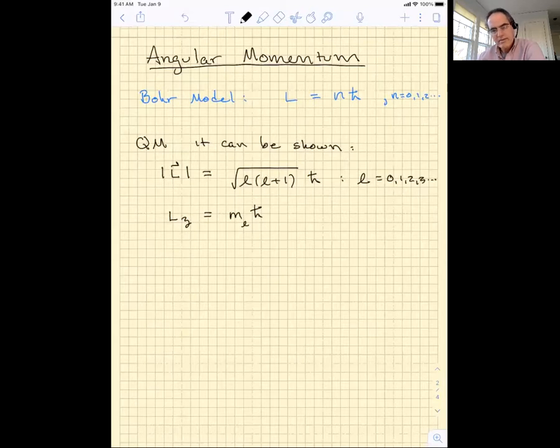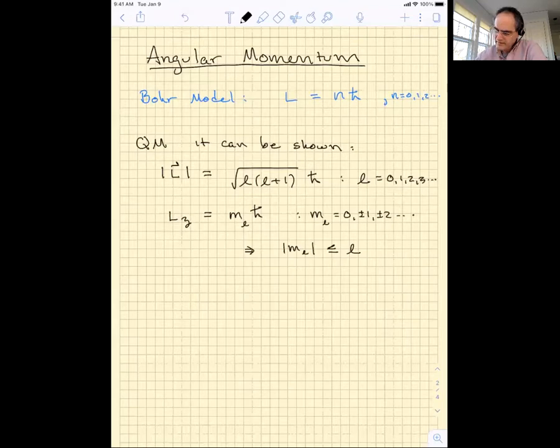It's the one that determines the shape of the wave function in the azimuthal direction, remember? And here, m sub L can be equal to 0, or it could be plus or minus 1, or plus or minus 2, but it's subject to a constraint. The constraint is that the magnitude of m sub L must be less than or equal to L, okay?